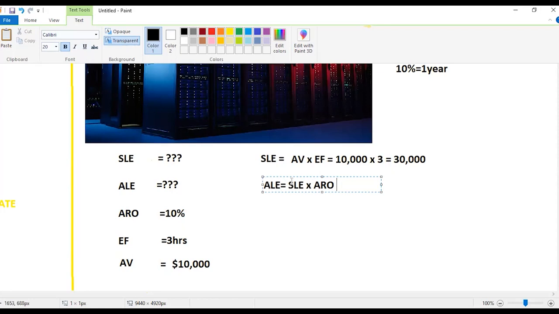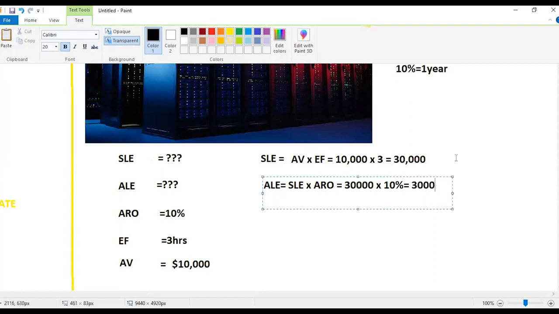One time the single loss expectancy times the ARO, how many times it occurs in a year. SLE times ARO. So SLE we found $30,000 times 10% is going to be 3,000.